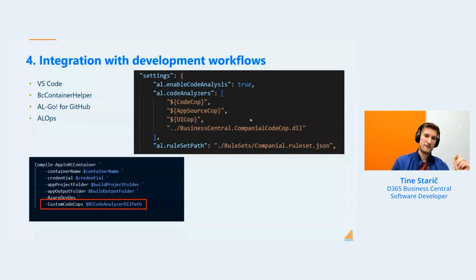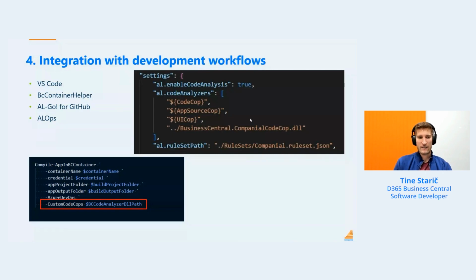On the other side of things, in the build pipelines, luckily BC Container Helper supports custom code cops out of the box. Both the compile app in BC Container and the run AL validation functions have a parameter called custom code cops, where we simply have to pass in the path to our analyzer, and the pipeline compiler will raise those warnings as well.